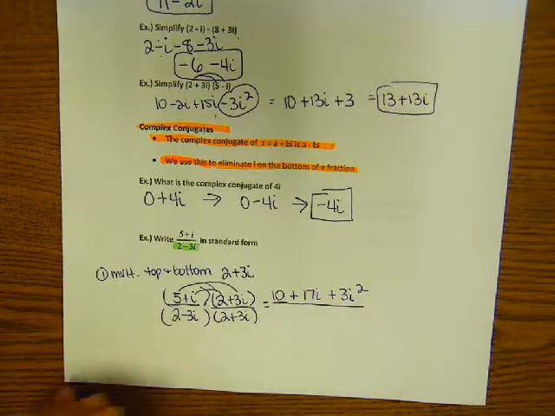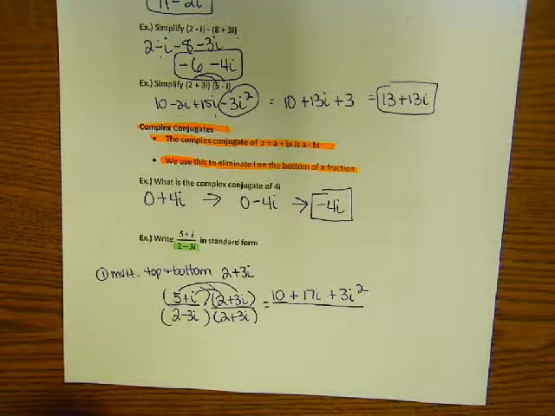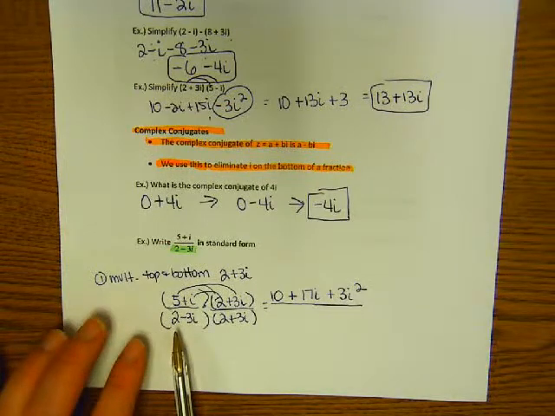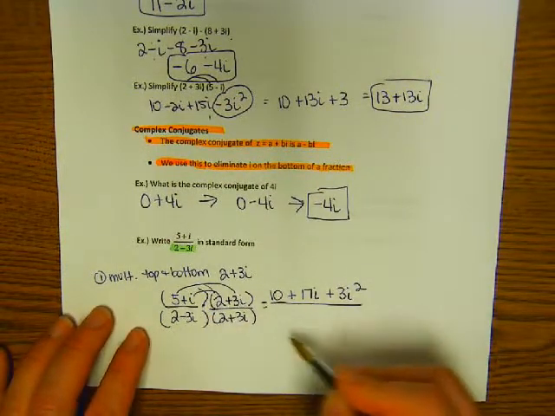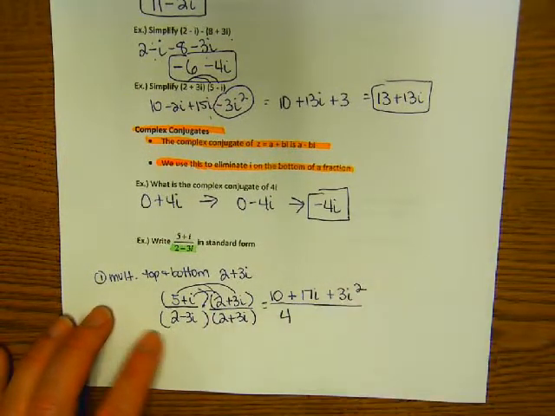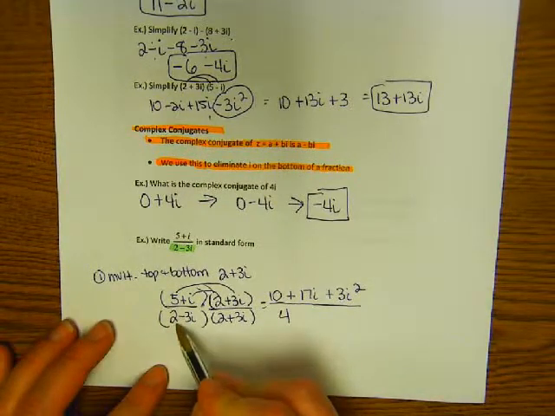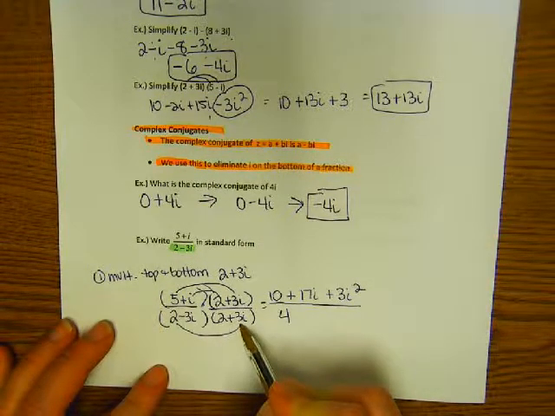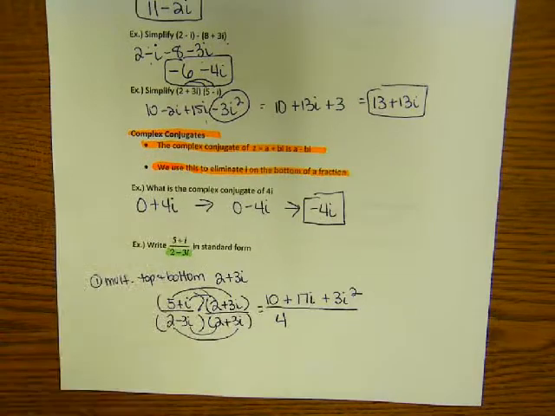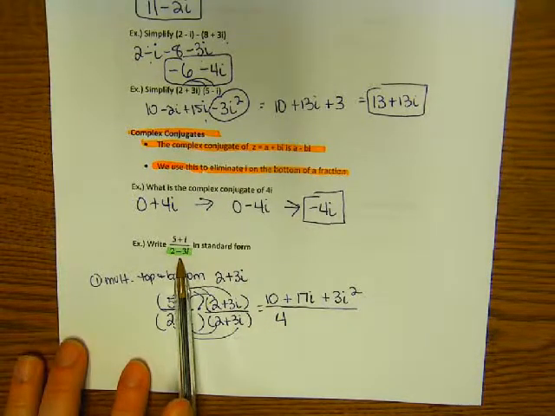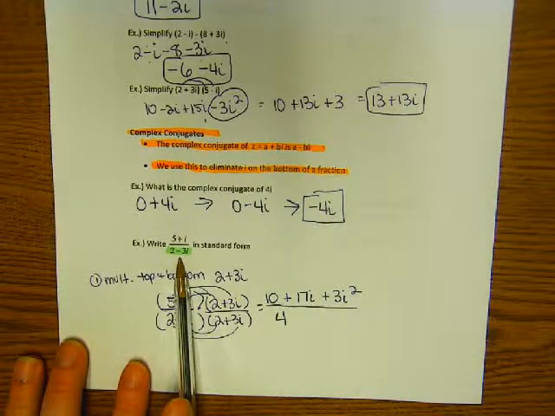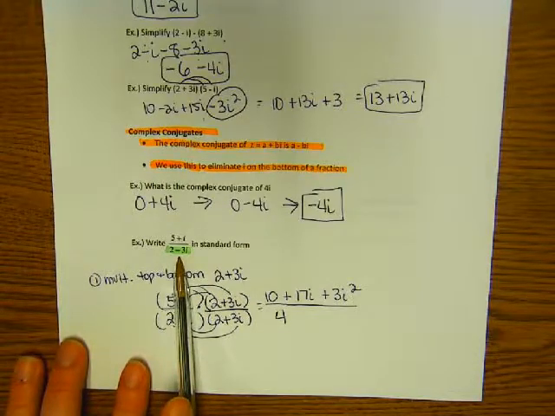Alright, 2 times 2 is 4. What happens when I do this? I have 6i, and what do I have there? Negative 6i. Now the reason why that works is because one is positive and one is negative. This is why taking the complex conjugate is the only thing that will do this. What's going to happen if I have 6i and negative 6i and I put them together? They cancel, and then I've gotten rid of the i's.